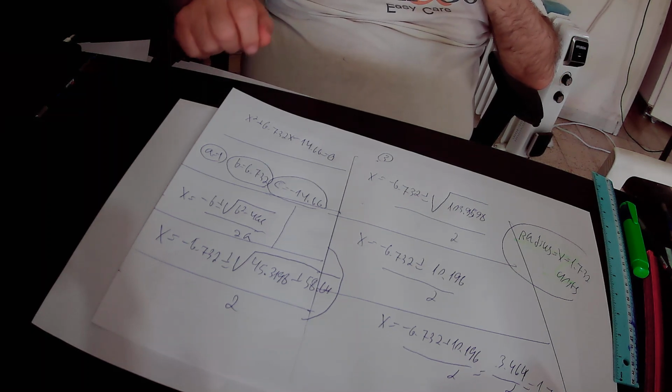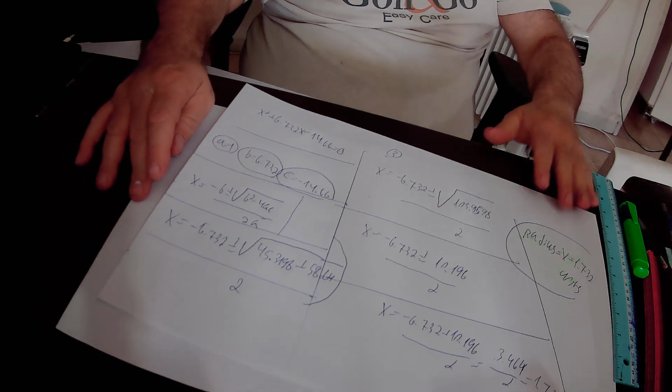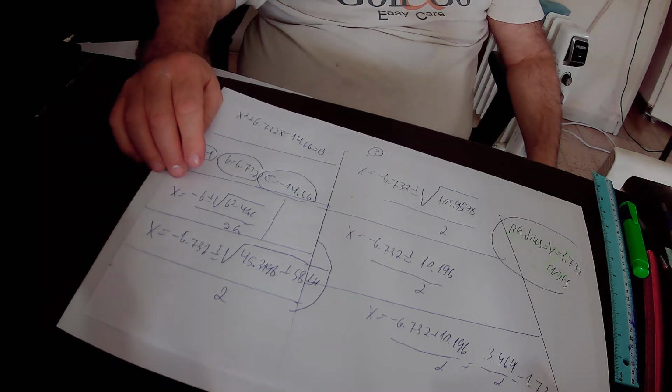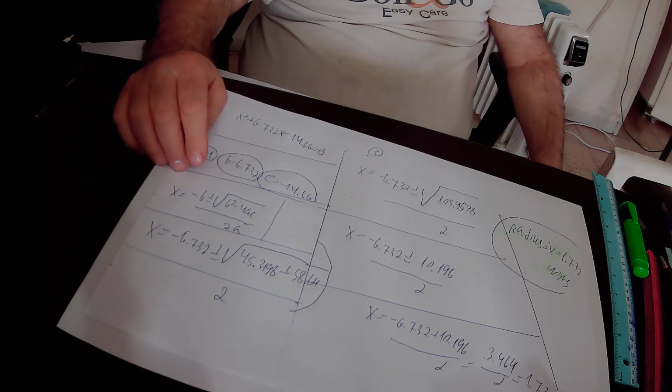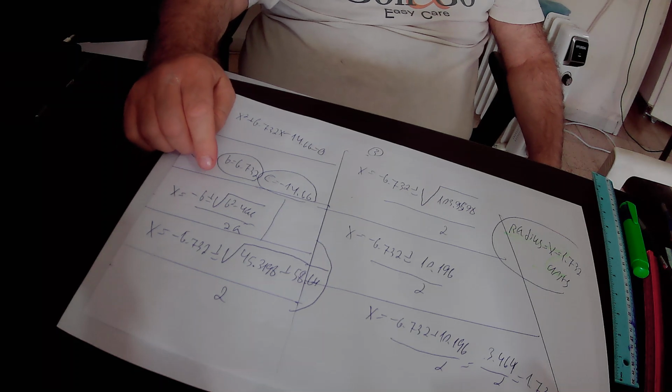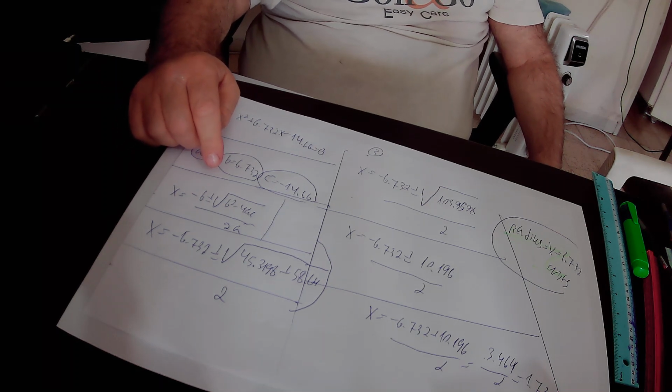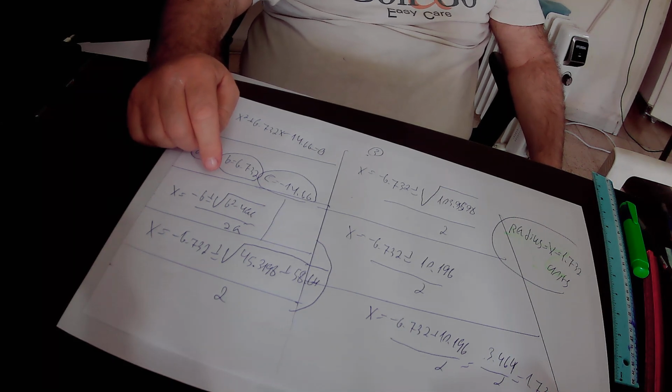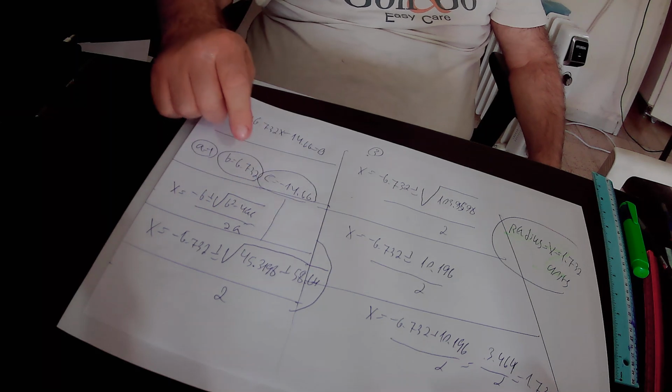We did it, and found that x equals minus b. B in our specific quadratic equation is 6.732, therefore minus b is minus 6.732, plus or minus the square root of b squared. B is 6.732, therefore b squared is 6.732 squared, that is 45.3198.